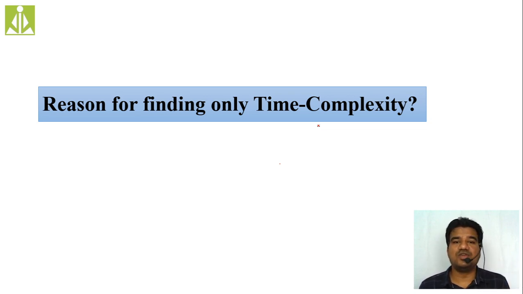But if in your exam they tell you to calculate the space and time analysis, then definitely you have to do both, because now you have learned how. Those are the reasons for finding only time complexity.